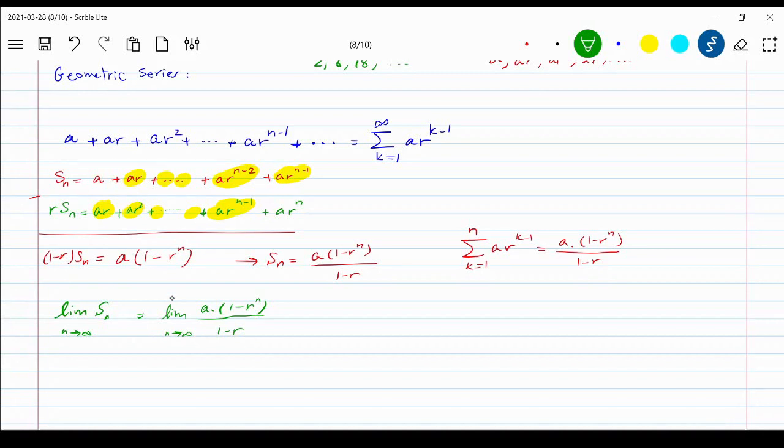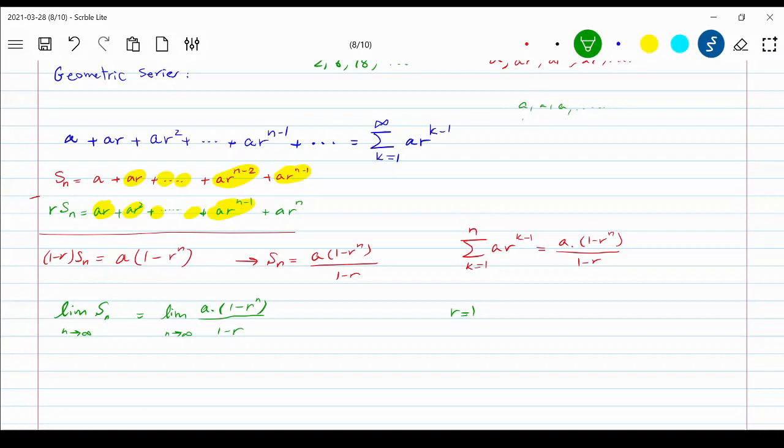First of all, if r is equal to 1, then you would have a constant sequence: a, a, a, and so on. If you add up all these till infinity, the only way that summation would be convergent is if a is exactly 0.